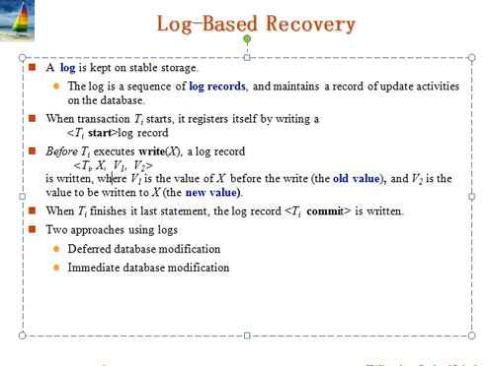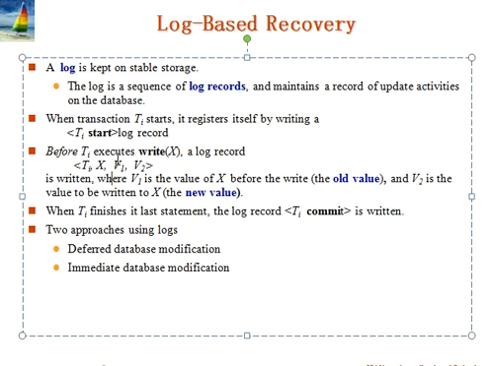We undo it by using the old value field in log records. For log records to be useful for recovery from system and disk failures, the log must reside in stable storage.